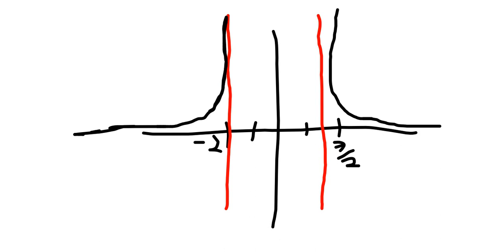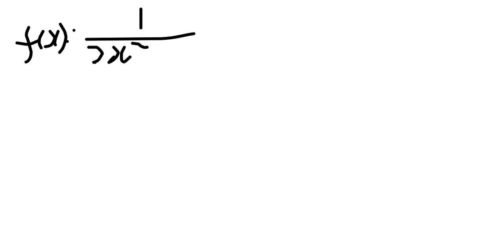So here, this is our asymptotic behavior. And again, we've got f at x is 1 over 2x squared plus x minus 6.